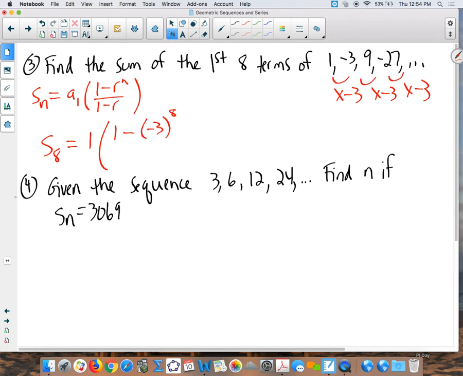You really want to make sure that you're taking -3 to the 8th power. These negatives do not cancel out, okay? Be really careful. And then 1 minus -3. So again, using your calculators carefully, you should get that S sub 8 will be -1,640.